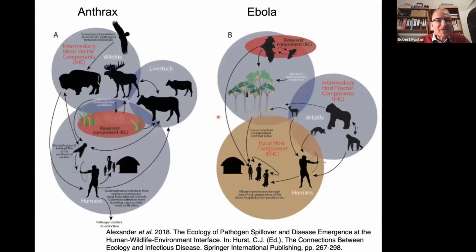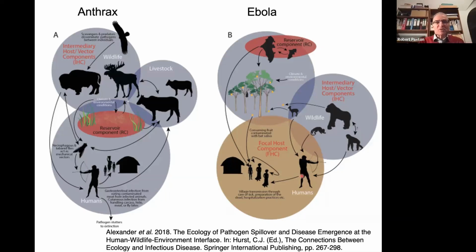A couple of good examples of pathogens that spill over from livestock or wildlife into humans are anthrax, a bacterium, which thankfully is not very common nowadays, and Ebola, which spills over from bats, possibly through intermediate hosts or directly into humans, and can then be transmitted onwards within the human population.